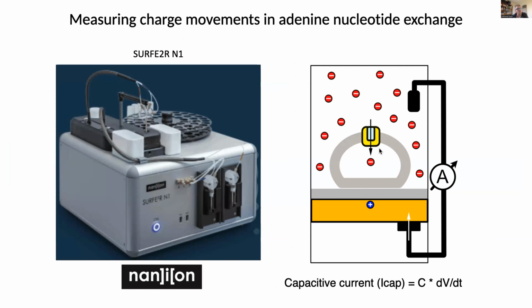If the transporter transports, let's say, a negative charge, it creates a voltage change, and the rate of voltage change is correlated to the capacitive current it induces via the capacitance. In this way, you can measure current movement or binding.